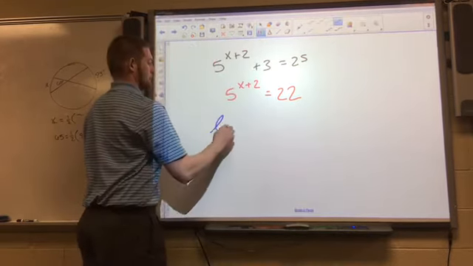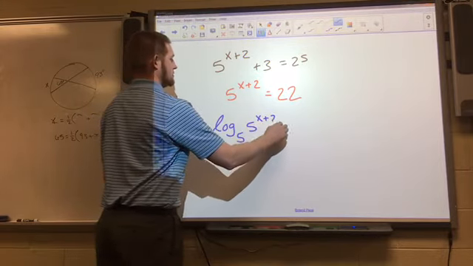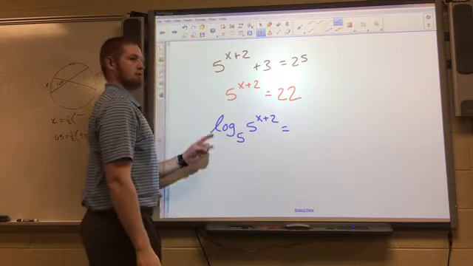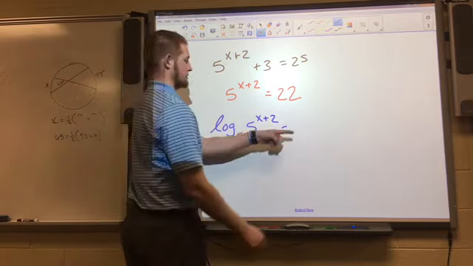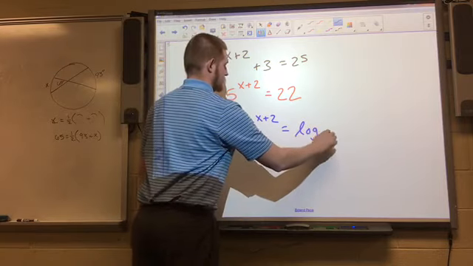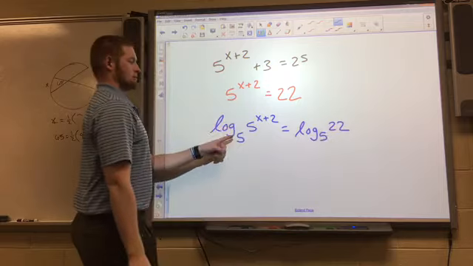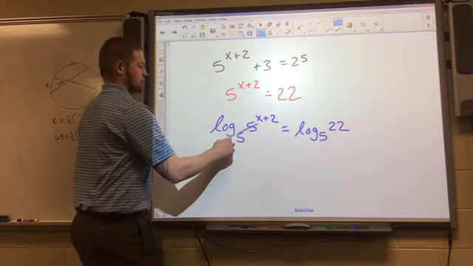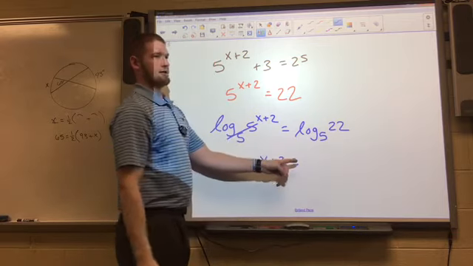So I have log base 5 of 5 to the x plus 2 equals, if I do it to that side, do it to the other side, log base 5 of 22. On the left side I get x plus 2.